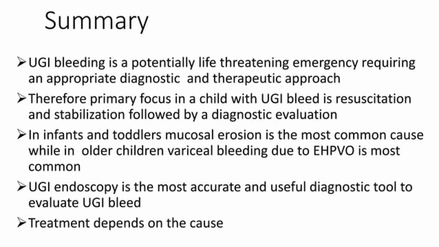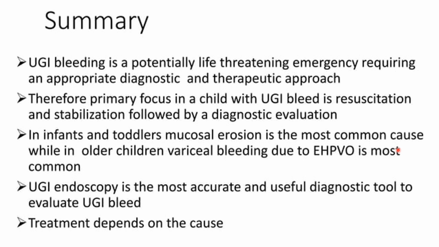So in summary, upper gastrointestinal bleeding is a potentially life-threatening emergency requiring an appropriate diagnostic and therapeutic approach. Therefore, a primary focus in a child with upper GI bleeding is resuscitation and stabilization, followed by diagnostic evaluation.